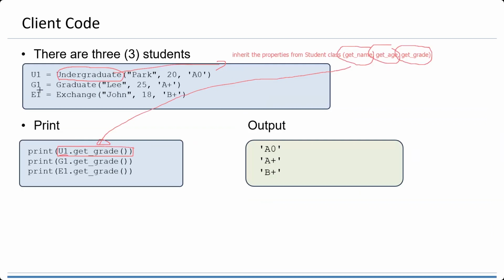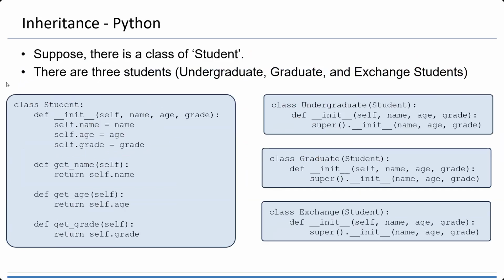G1 is also the same. G1 is graduate. Is there any get grade in the G1 or in the graduate class? If you look at the graduate here, it is only the constructor.